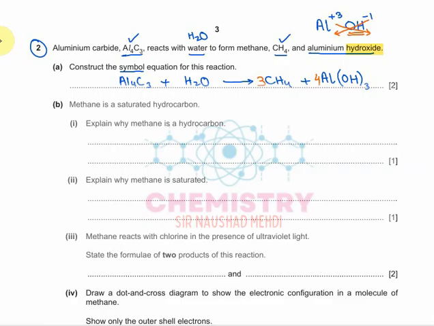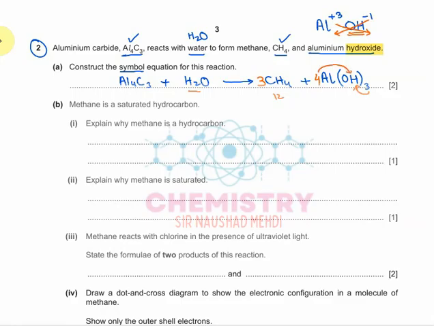Now look at the other elements, for example the hydrogen first. On the reactant side we just have 2 hydrogens right now, but on the product side, if we count the hydrogens, first of all in CH4, 3 times 4 becomes 12. And over here, this 3 is with the hydrogen, so 3 times hydrogen, and this 4 will also multiply with the hydrogen.